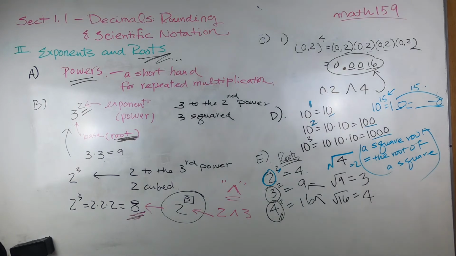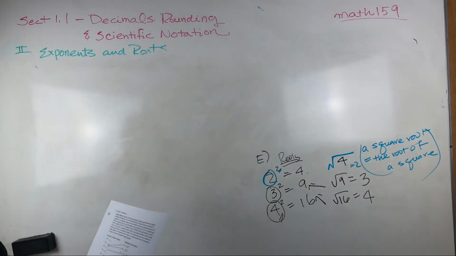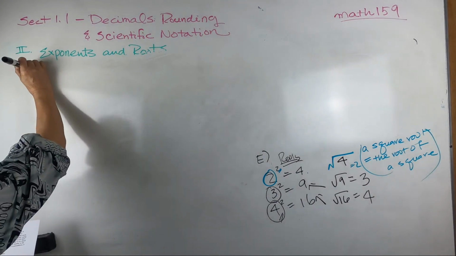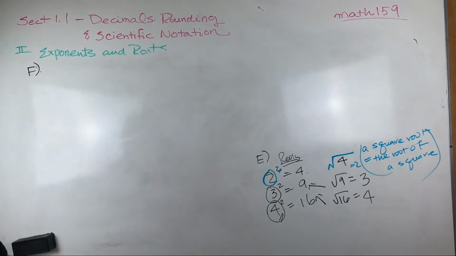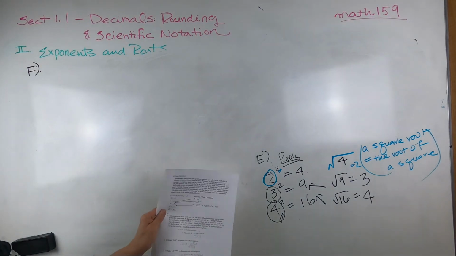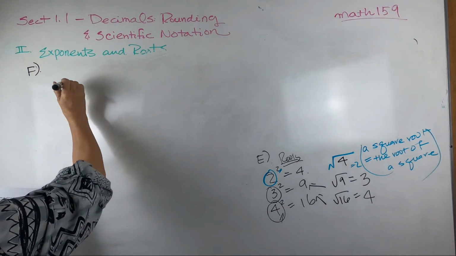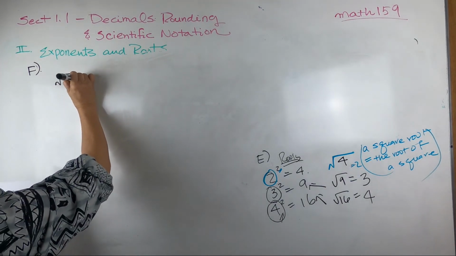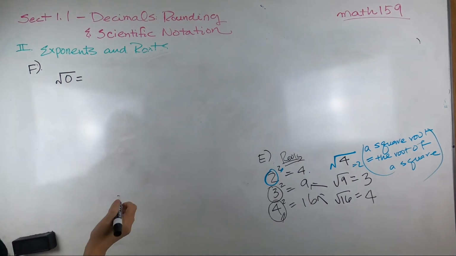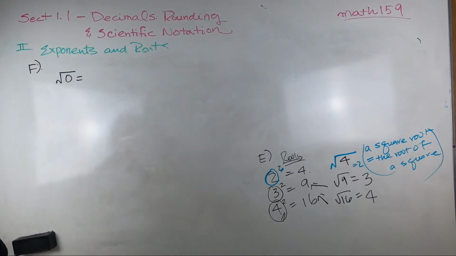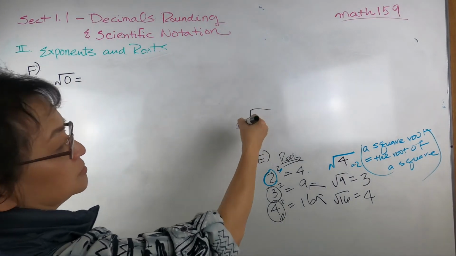Okay, take a look at your page 4. Let's see how we are going to use a calculator to find the answer. Okay, so if you have a square root of 0, you can see from your calculator, you should have this symbol, square root.